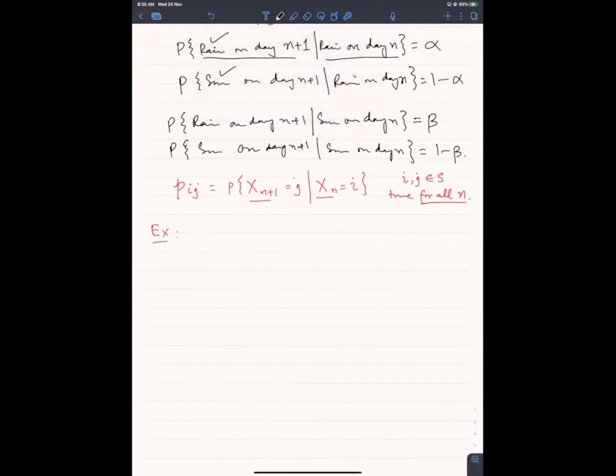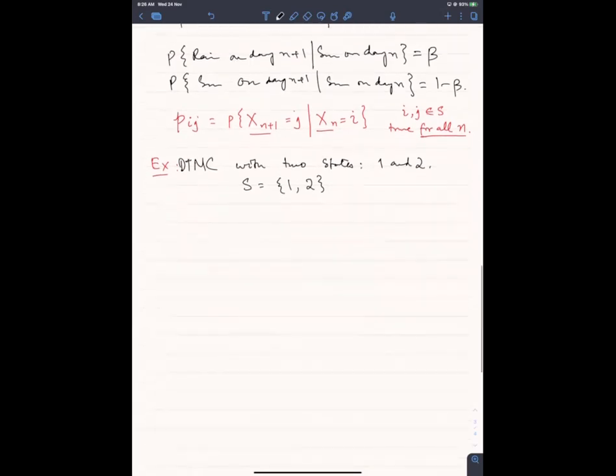Let's say you have a discrete time Markov chain with two states, states 1 and 2. So what is your state space? The state space is {1, 2}. I could have said A and B, or X and Y. I'm just calling them two states, state 1 and state 2.